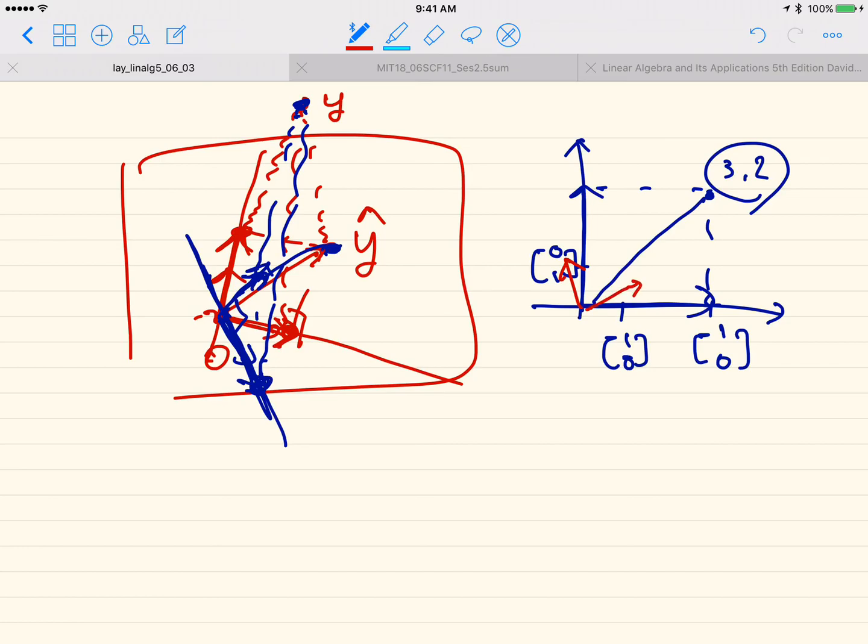This is our new orthogonal basis, and this will become your new axes. So we imagine these two new axes, and then this guy and this guy. And then still you will have this rectangle, right?